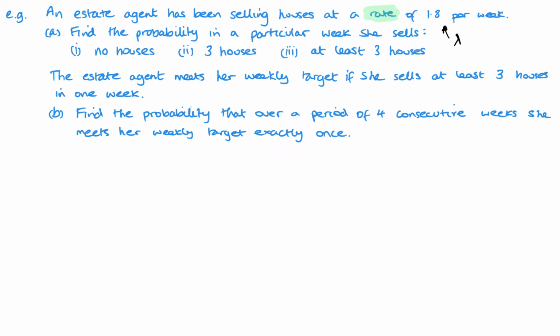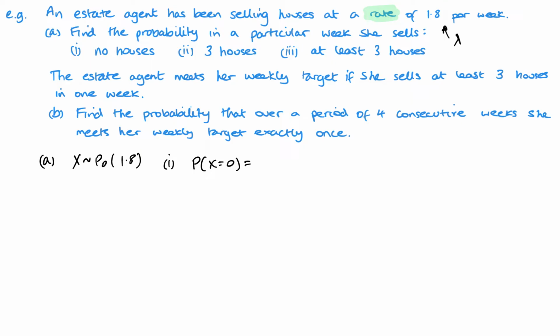So for part A, we need to find the probability in a particular week that she sells no houses, 3 houses, at least 3 houses. So part A, we're looking at Poisson distribution with 1.8 as our value of lambda. Part 1 is no houses, so probability when x equals 0.